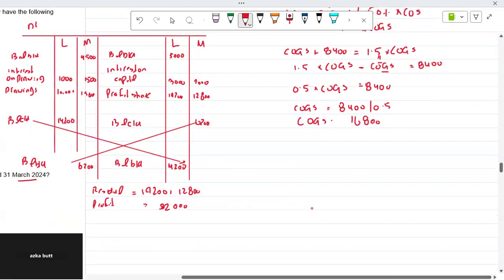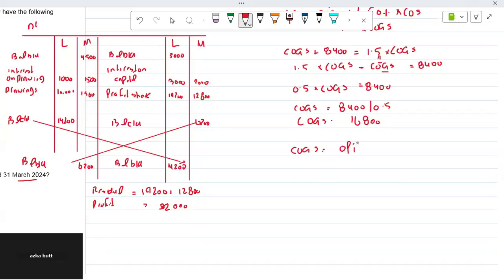Now we can easily find out the purchases. Cost of goods sold is equal to opening inventory plus purchases minus closing inventory. We know that cost of goods sold, 16,800, is equal to 5,000 opening inventory plus purchases, which we don't know right now, minus closing inventory of 4,500.